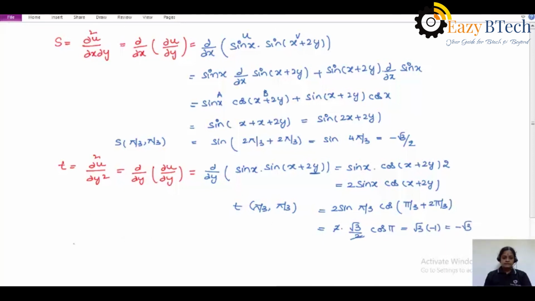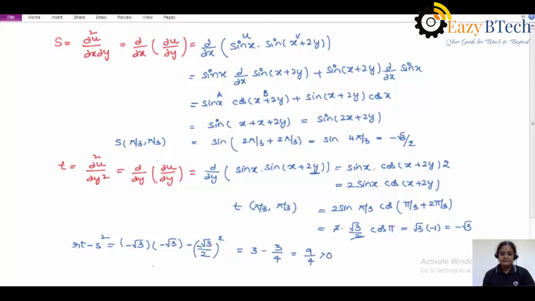Now finding the value of rt minus s square. The value of r is minus root 3 and the value of t is also minus root 3, and minus s square, so minus root 3 by 2 whole square. Then minus root 3 into minus root 3 is 3, and minus root 3 whole square is 3, and 2 square is 4. That means 12 minus 3, that is 9 by 4.